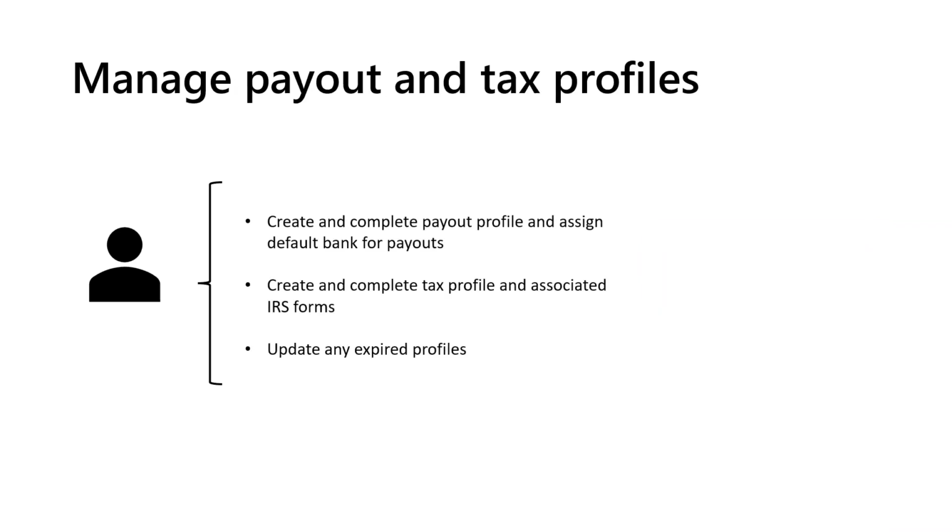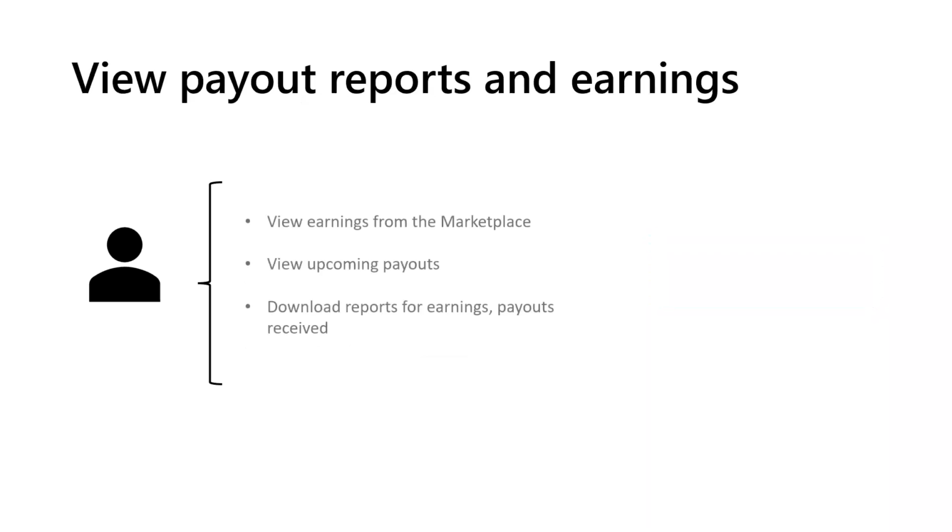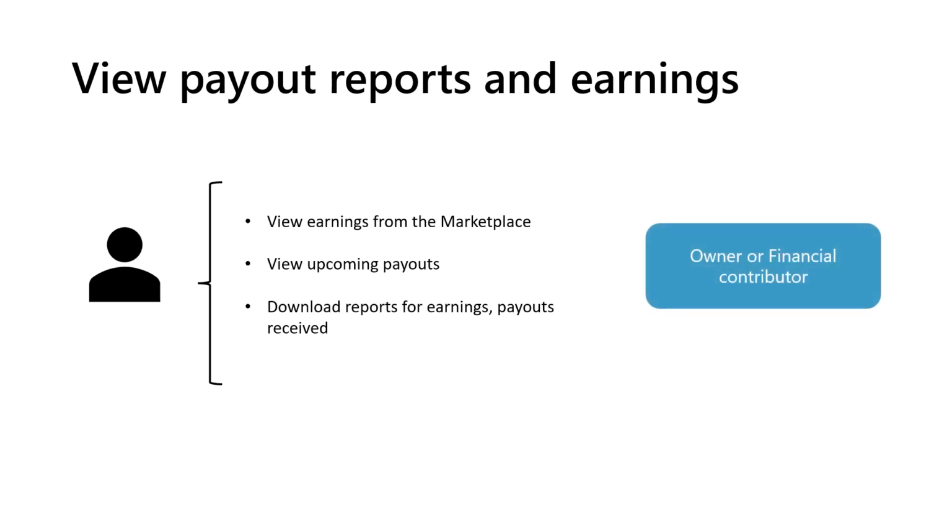Before going live with a transactable offer, partners need to establish their payout and tax profile. This can be completed by the owner of the account. If at any time the owner needs to be updated, you can use the same steps indicated in the Adding Owners section. Lastly is viewing payout reports and earnings. And for this, you will need the owner or financial contributor roles.